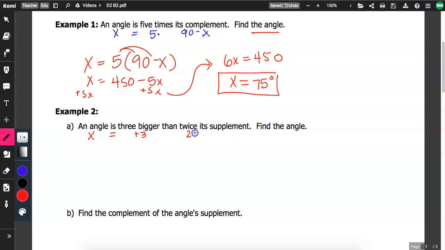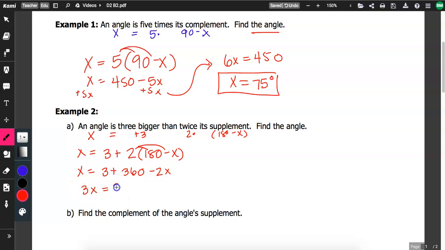So twice would be 2 times, supplement 180 minus X. Write out my equation, X equals, I'm going to write 3 plus 2 times 180 minus X. Solve for X. Distribute here. So now I have 3X equals 363, and I'll divide to get X equals 121 degrees.